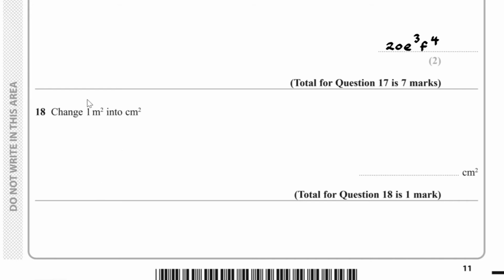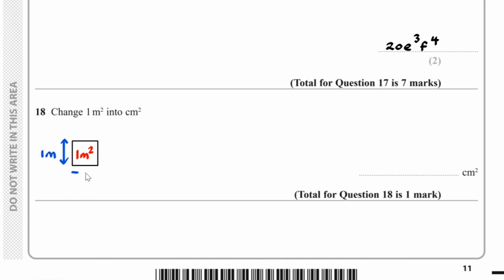Question number 18, we have to change 1 meter squared into centimeter squared. Well, if I've got a square here with area 1 meter squared, then that means each side of the square will equal 1 meter.